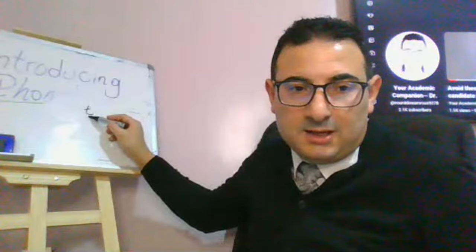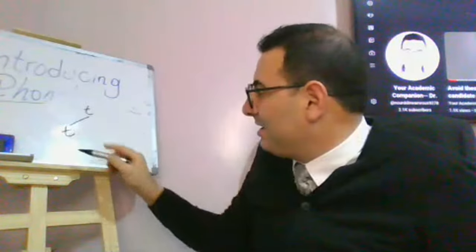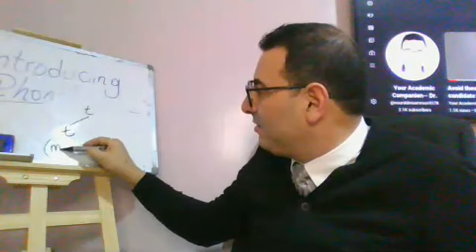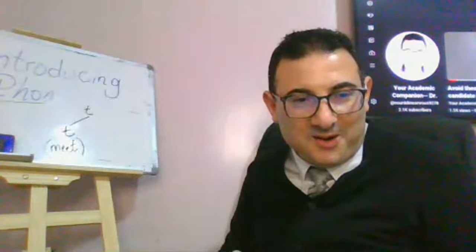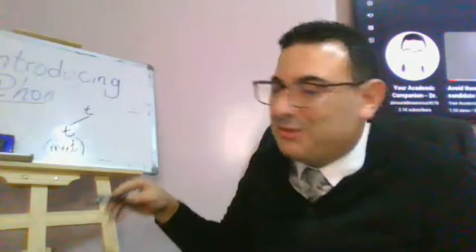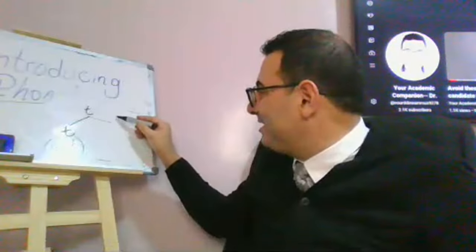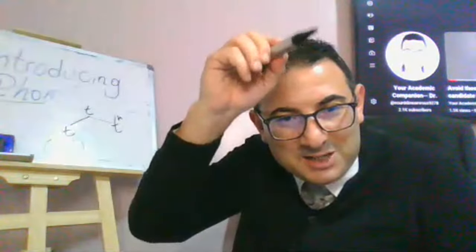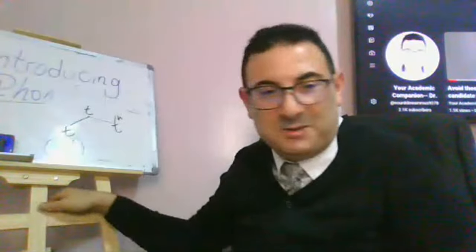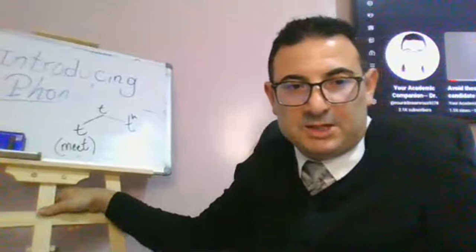So the sound t can either be pronounced like t, in examples like meat, for example, or stay, but this can also have another pronunciation. It's the t with a small h, we write the small h above, okay? Just for you to see clearly.